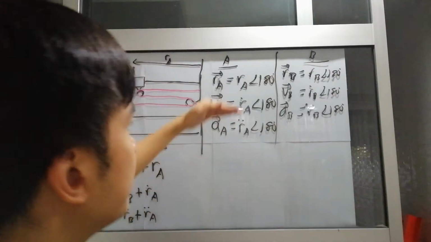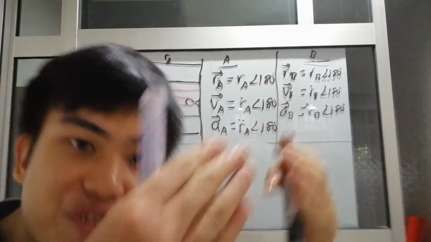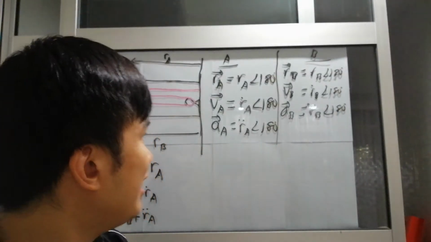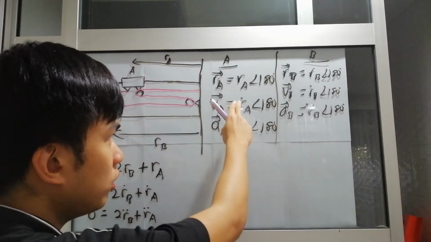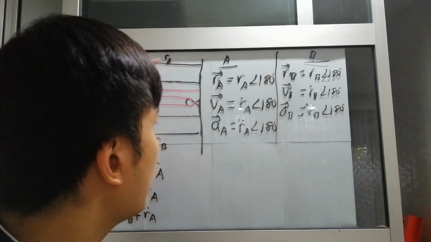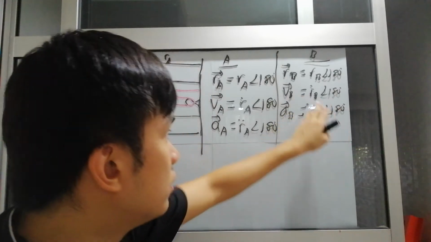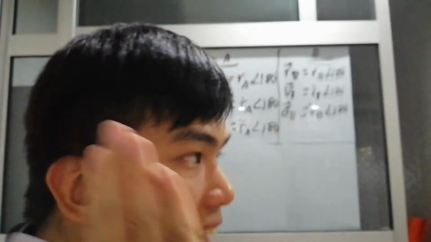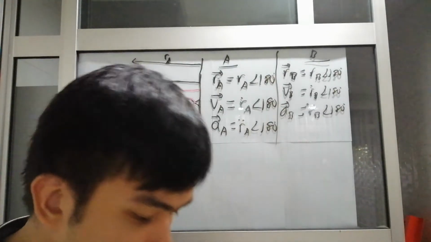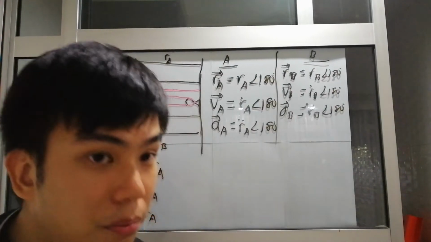Because we obtain the velocity and acceleration term by directly differentiating the first term. So, in other words, R dot A is only positive if the velocity of A is going to the left. R dot B, velocity of B, the R dot B is only positive if the velocity of B is going to the left. But as you can see, this is quite impossible.